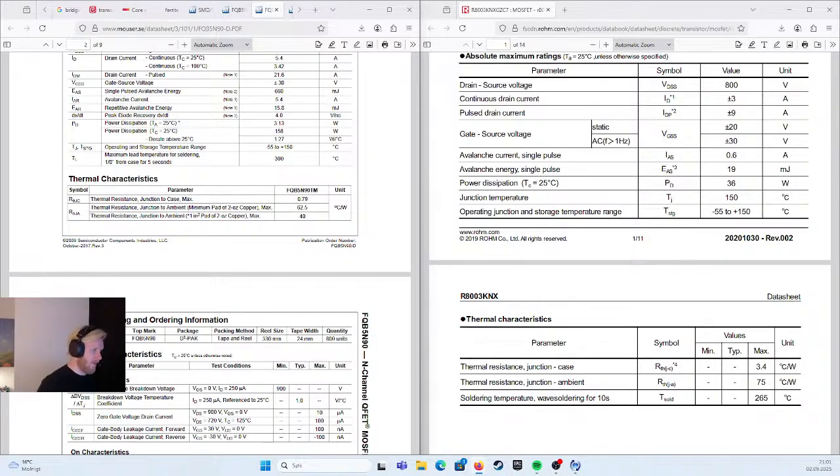PD is calculated as the maximum power dissipation for a device with an infinite heat sink at 25 degrees ambient. PDP, the maximum transient power dissipation, is calculated using transient thermal resistance.